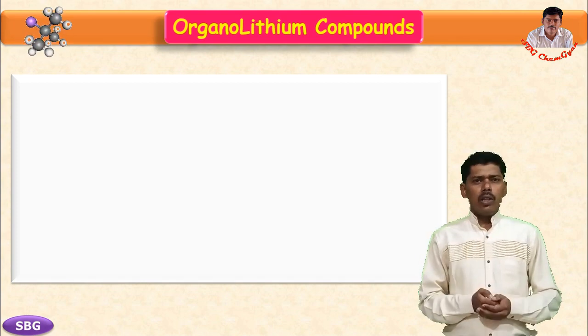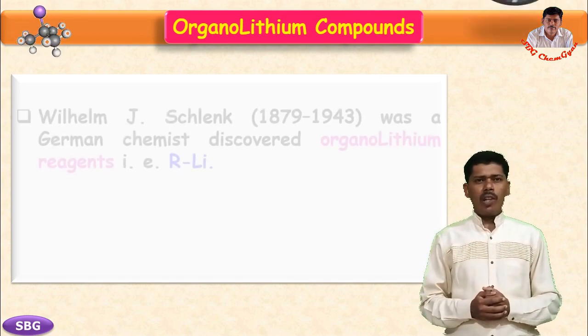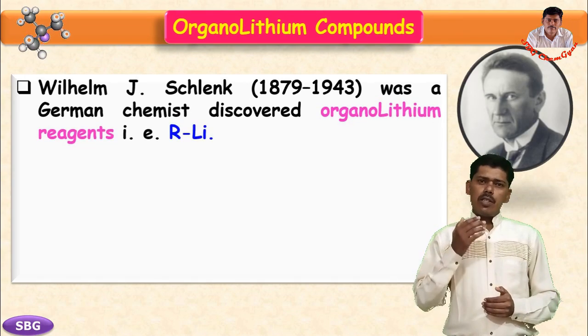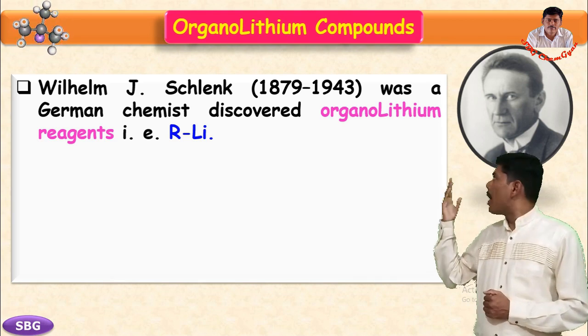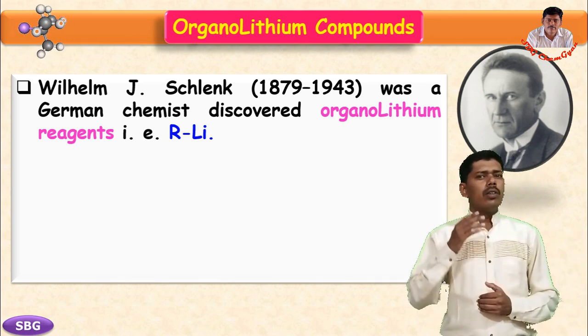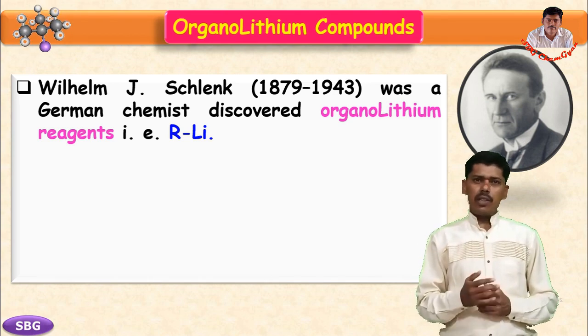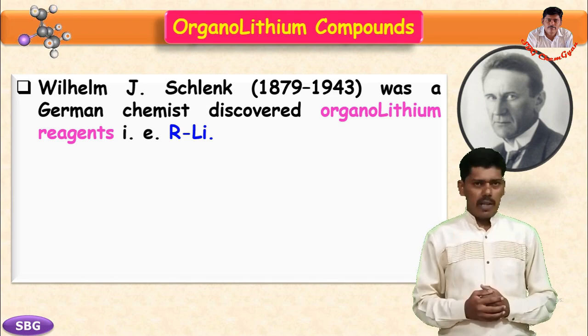Now we move on to some historical background of organolithium compounds. Wilhelm Johannes Schlenk was a German chemist, whom we can see above my head, who discovered the organolithium reagent, that is RLi, in around 1917.